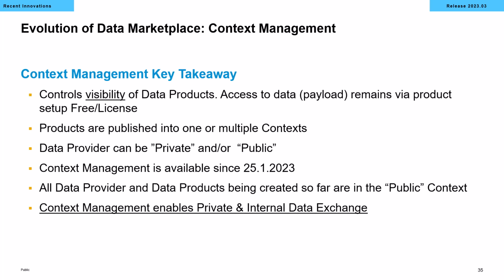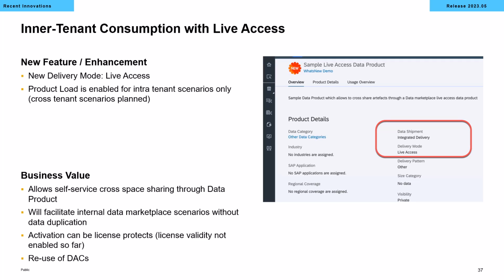What we also introduced in the meantime with release 05 is the inner tenant consumption with live access to data. Prior to this feature, all data products were physically shipped from the provider tenant to the consumer tenant.